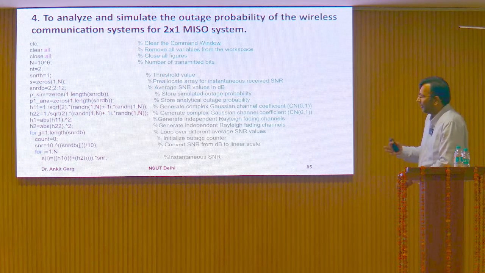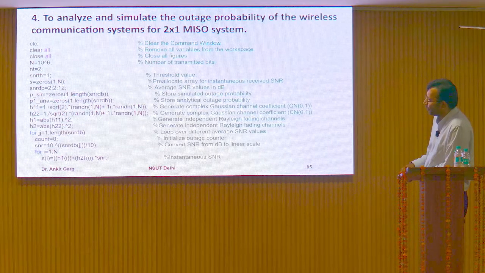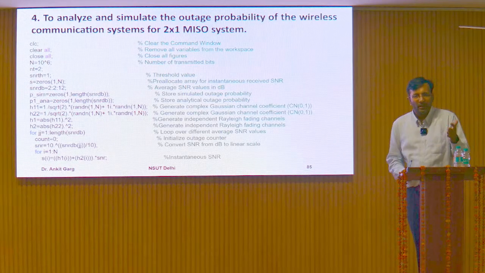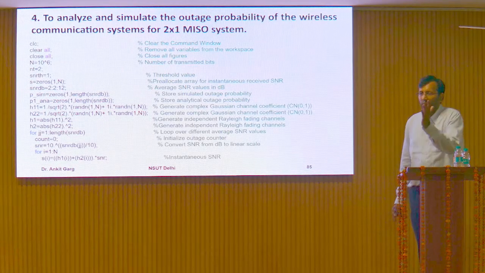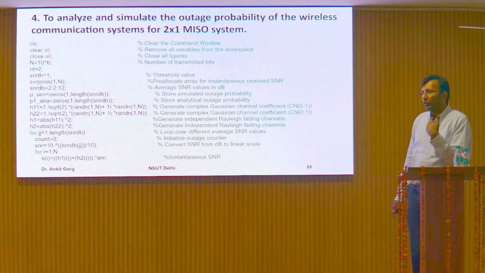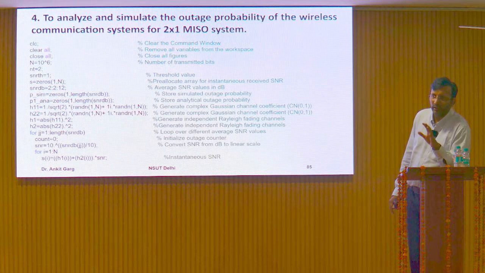Then we started with the first value of SNR. Look at this for loop, jj equals 1 to length of SNR. jj equals 1 means select the first value of SNR, which we have started with 2. At 2 dB, we transmit 10 raised to the power 6 symbols, right? And find out how many times it happens that we have an SNR less than the threshold.